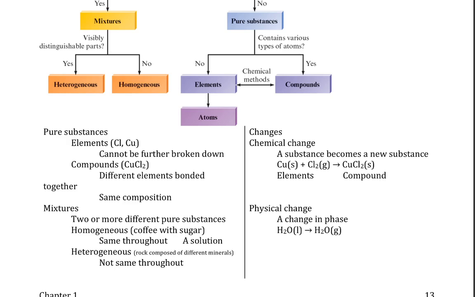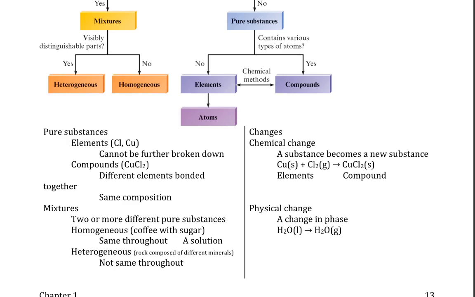That would be a heterogeneous mixture. In a different part of the Sierra Nevada mountains, it could be that there's a lot more of the white component than the black component. So it's variable. Mixtures are variable. Whereas pure substances, which are either elements or compounds, are not variable. Compounds are combinations of elements. Okay, so that's one way to look at matter.